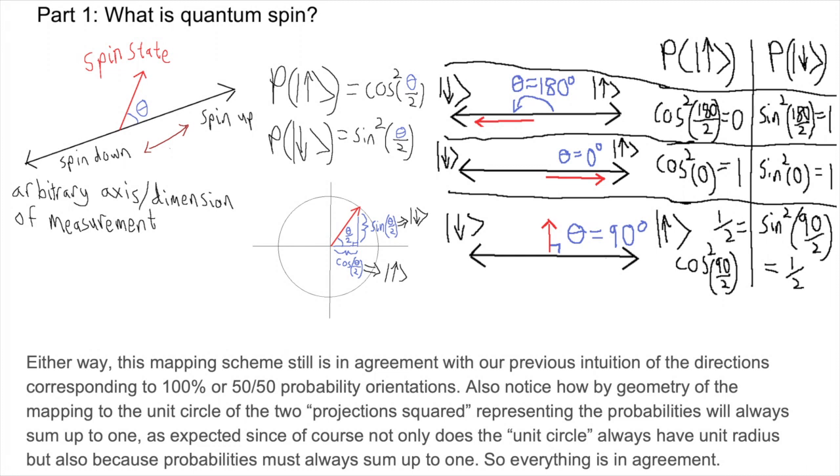Either way, this mapping scheme still is in agreement with our previous intuition of the directions corresponding to 100% or 50-50 probability orientations. Also notice how, by geometry of the mapping to the unit circle, the two projections squared representing the probabilities will always sum up to 1, as expected, since not only does the unit circle always have unit radius, but also probabilities must always sum up to 1. So everything is in agreement.